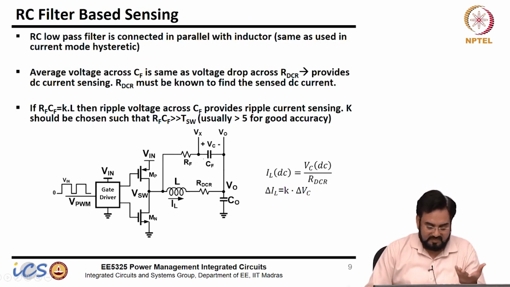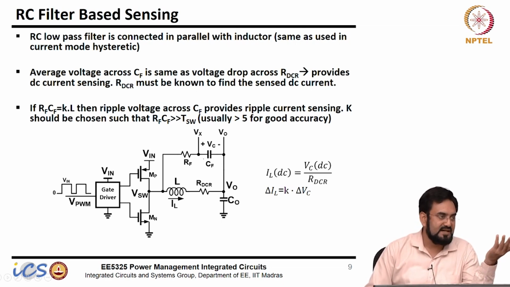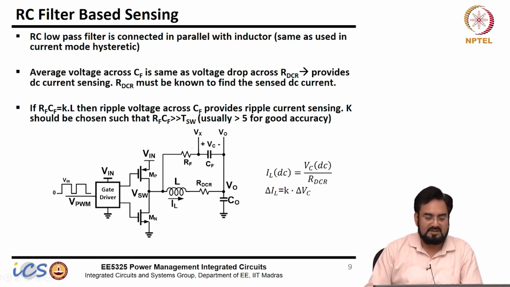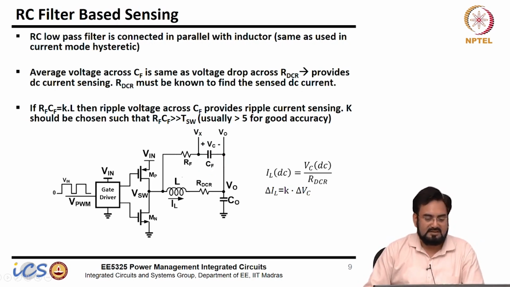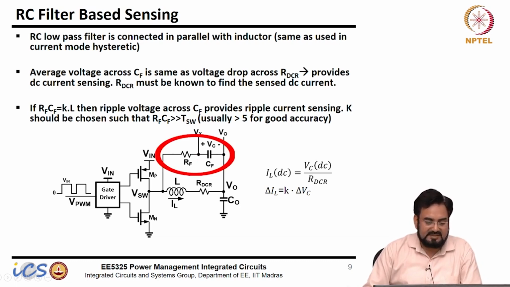Another same thing which we used in current mode hysteretic, if you remember. But here if you see, you have both the information actually, ripple as well as the DC. So if you look at this, it is nothing but a low pass filter, correct? So what is the voltage across this capacitor?